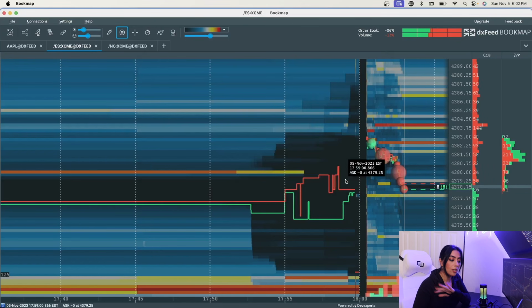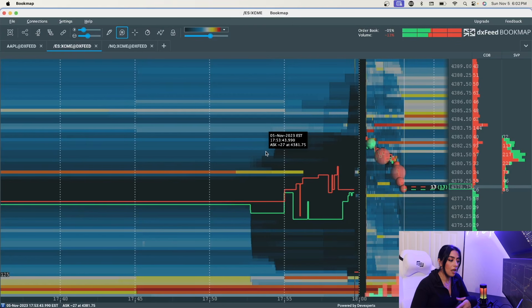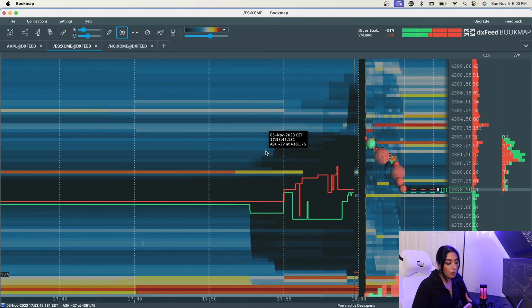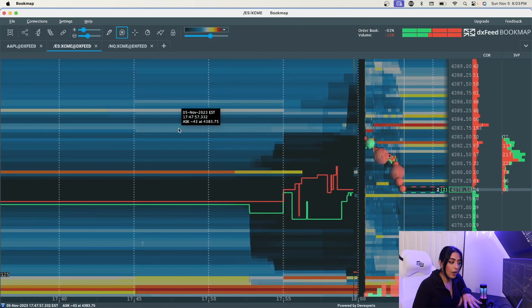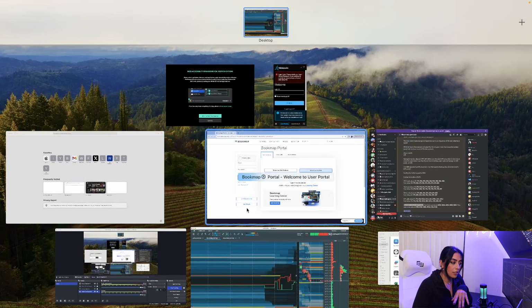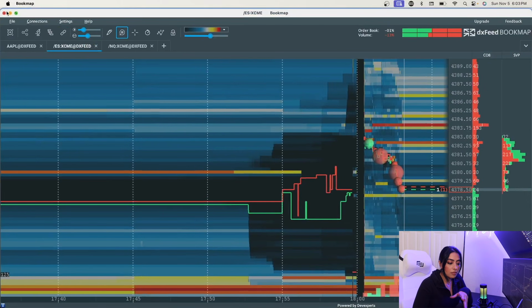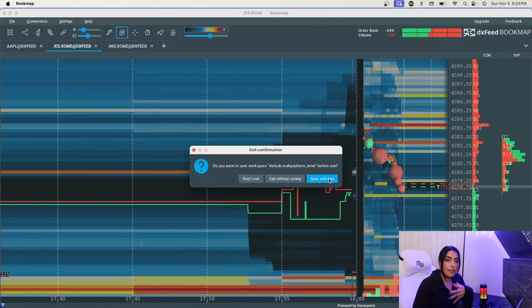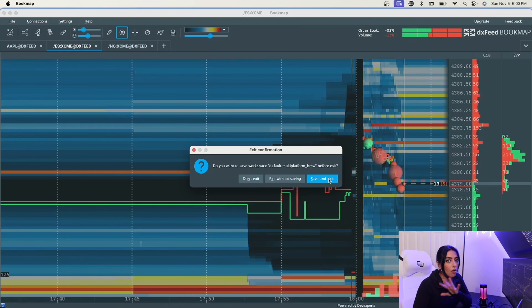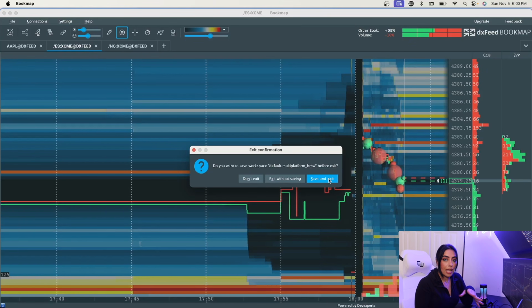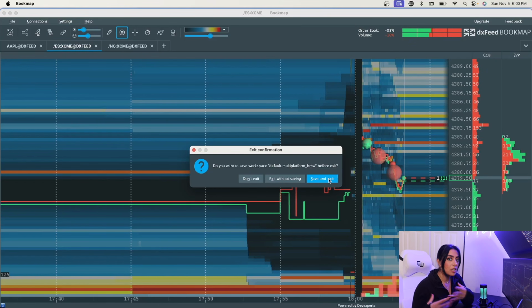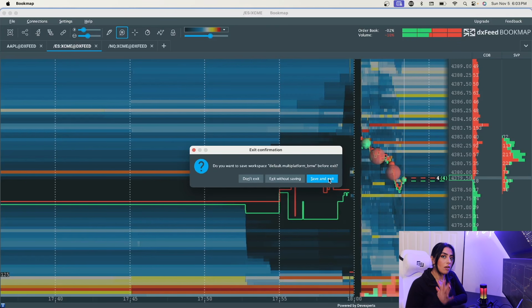Once you initially set that process up, every time you exit Bookmap, it'll ask you to save and exit. You want to save and exit, and then the next time you open Bookmap, it'll already be saved. It'll open exactly how you had it laid out. So you won't have to continue to do this process every single time. So that is the initial process on how to get Bookmap set up.